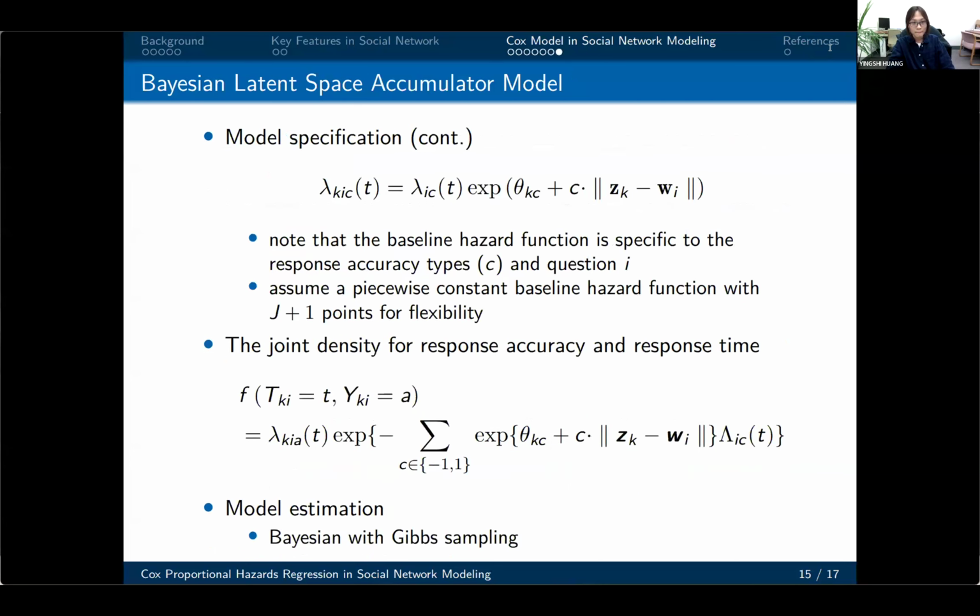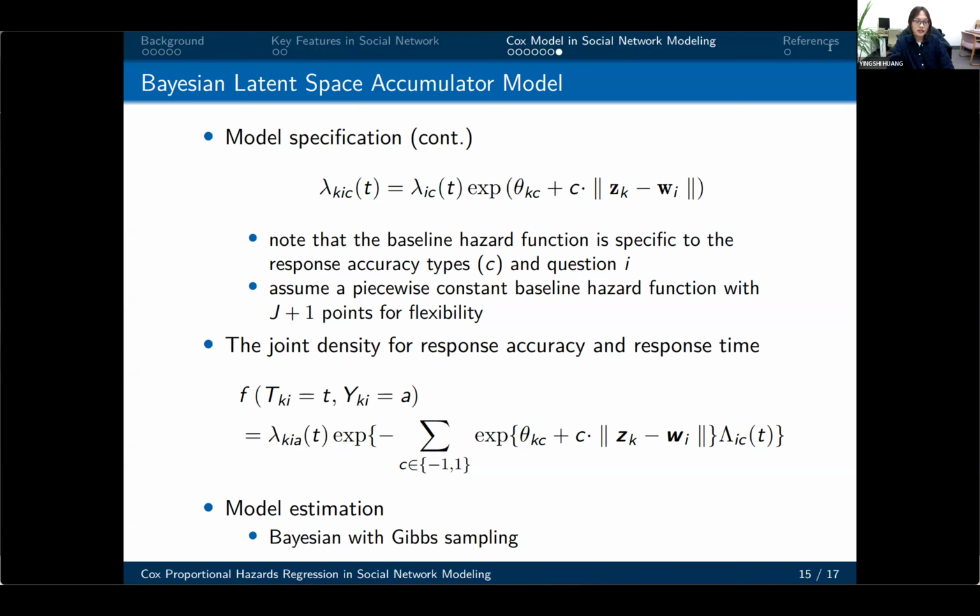Next, please. Also, the Hazard function is specified for two types of responses, the correct response and the incorrect response, and the Hazard function varies across different questions. So taken together, we can have the joint density for response accuracy and response time.